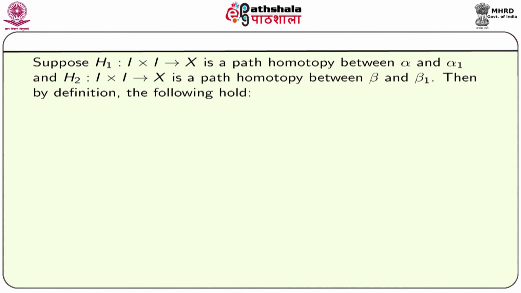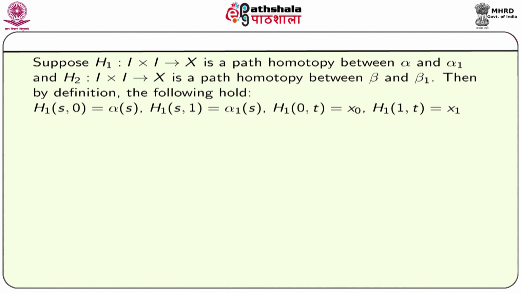So, we want to prove that result. Suppose it is given that alpha and alpha 1 are homotopic, and suppose the homotopy is H1, and it is given that beta and beta 1 are homotopic, and suppose that homotopy is H2.